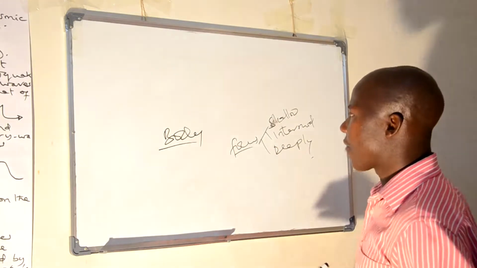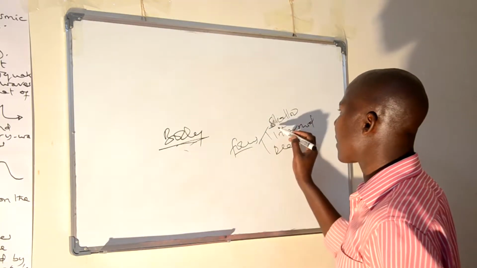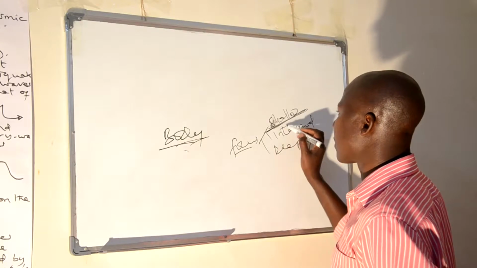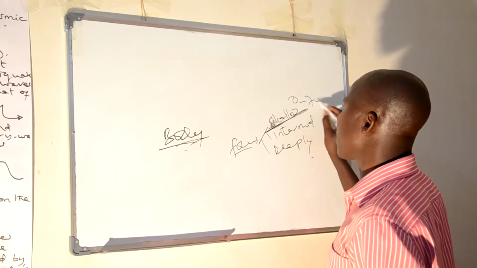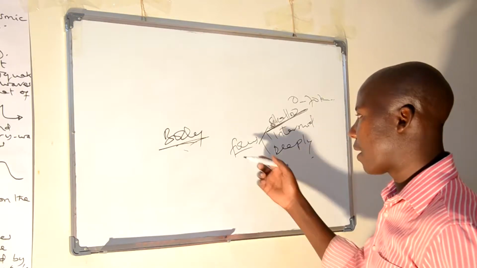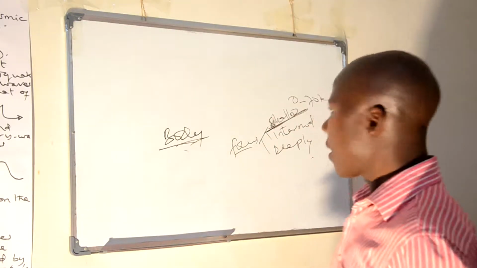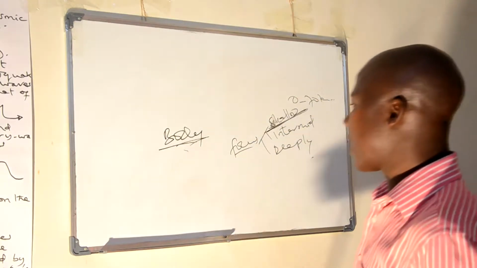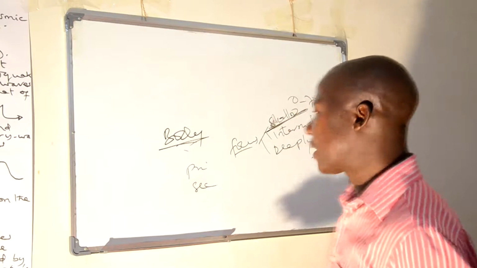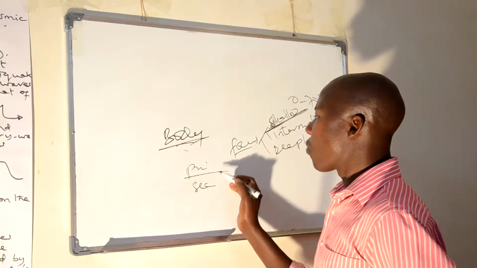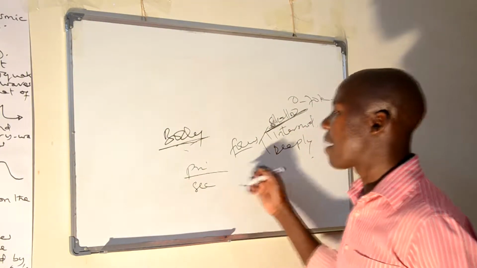Therefore, these body waves take place nearby the Earth's crust, where it can be shallow, starting from 0 to 70 kilometers below the Earth's surface. Therefore, these body waves can be primary in nature and secondary in nature. But the primary are the waves which take place nearby the Earth's surface.